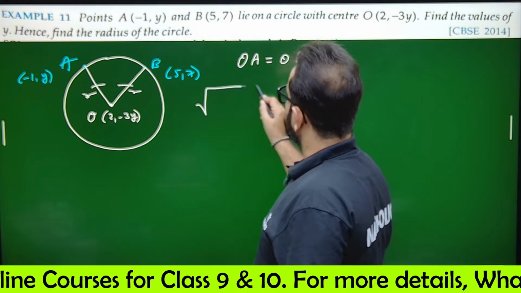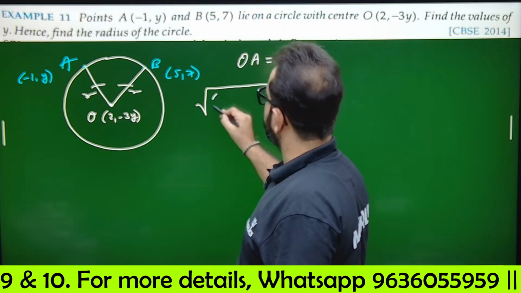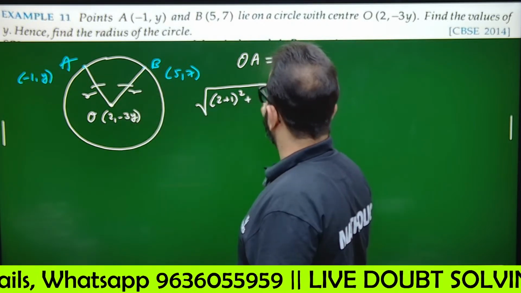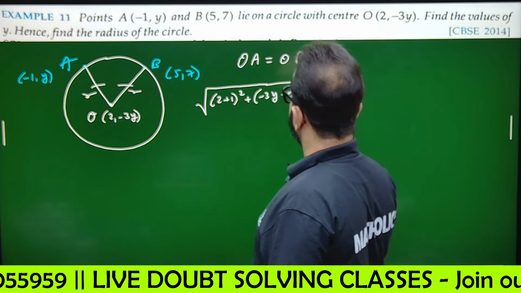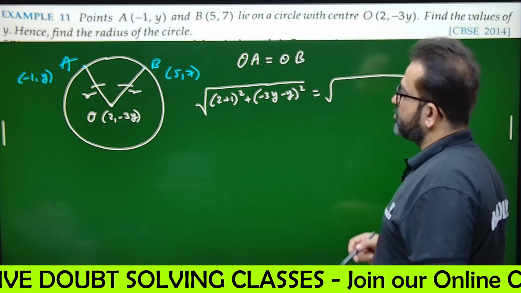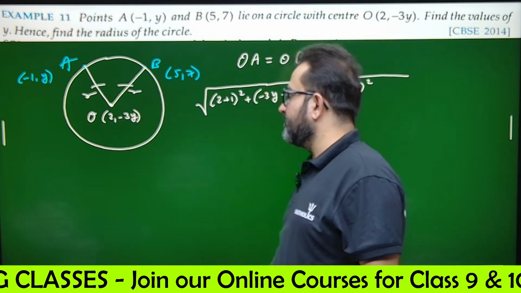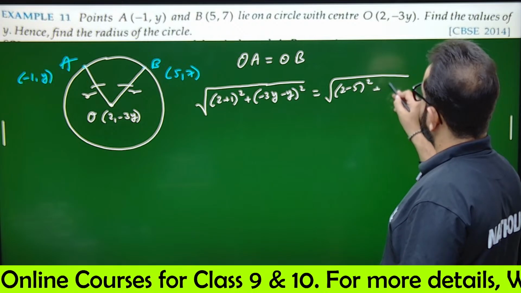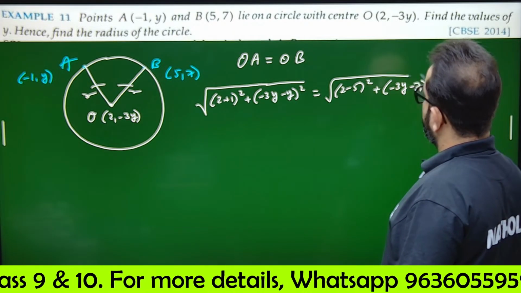That means under root of OA will be 2 minus minus 1, that is 2 plus 1 whole square, plus minus 3y minus y whole square, equal to under root of OB. OB means 2 minus 5 whole square, or you can do 5 minus 2, whatever you like, plus minus 3y minus 7 whole square.